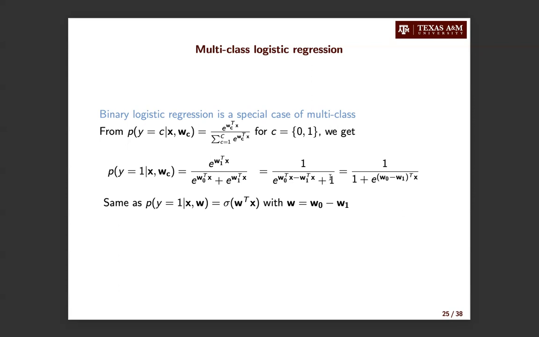Then if we collect all the terms that are multiplied by X together, we get this expression here, which is the same as the expression of the sigmoid exponential function. But now instead of having two W's, we have a single W, which corresponds to the difference between W0 and W1. So essentially, we understand that the binary logistic regression that we learned in our previous video is a special case of the multi-class logistic regression.